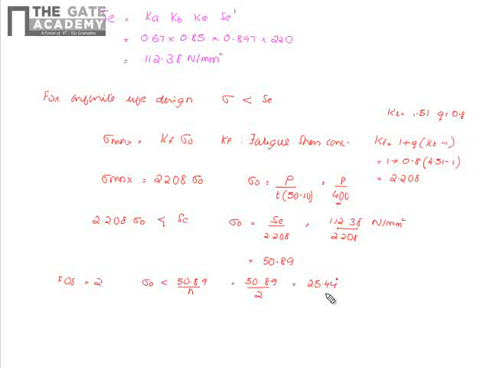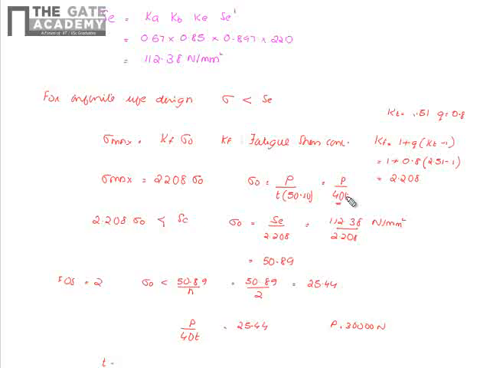And what is the nominal stress? Nominal stress we have already seen is equal to P by 40 t. Therefore, P by 40 t should be equal to 25.44. And what is P? P is equal to 30 kilonewtons or 30,000 newtons.